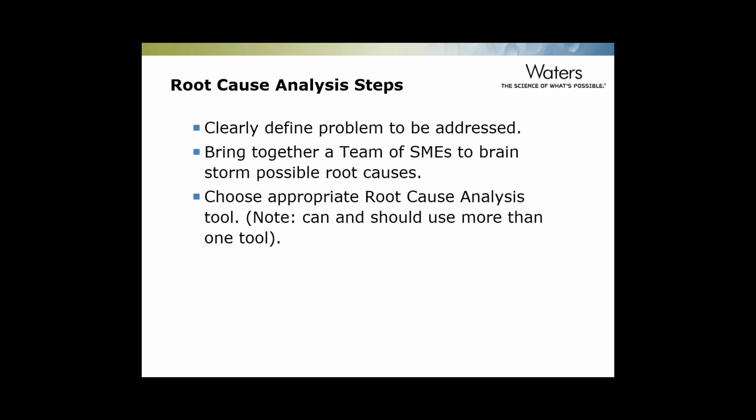Many times, those subject matter experts are caught in the process, and sometimes it's hard for them to see what possible causes are because they're doing it every day. That's why it's always good to have somebody that's not involved in the process or the issue also on that team, who can raise questions that might lead to root causes.